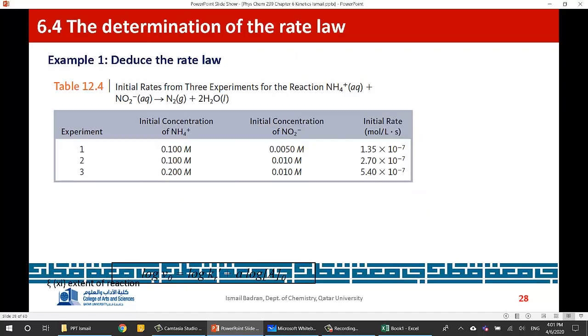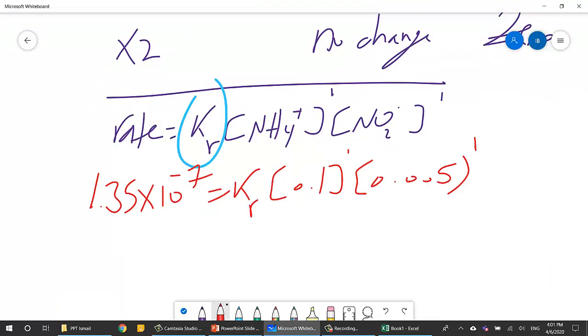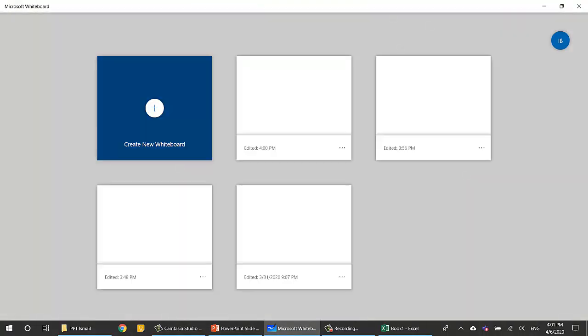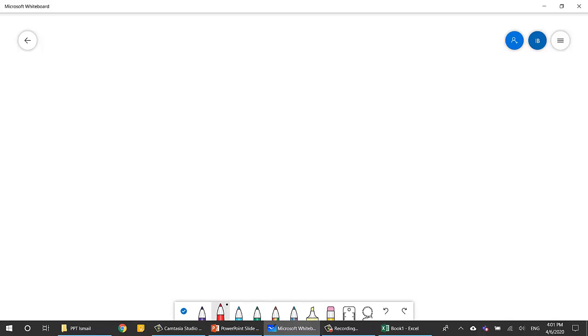Now, what if we need to determine the method of initial rates mathematically? I'm going to show you the long way to do it. If you can do it by just looking at the table, that's good. If you cannot, you have to do it mathematically. And the way you do this is you write at least two equations for the species that you are interested in.